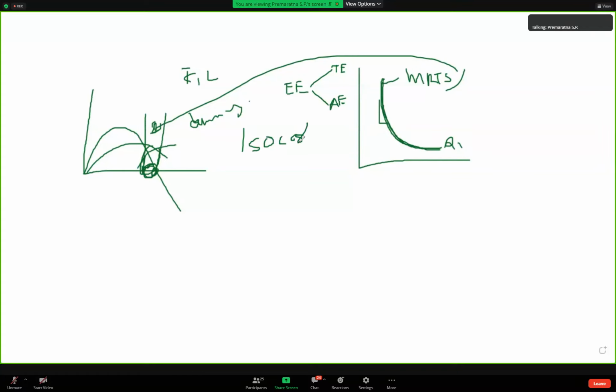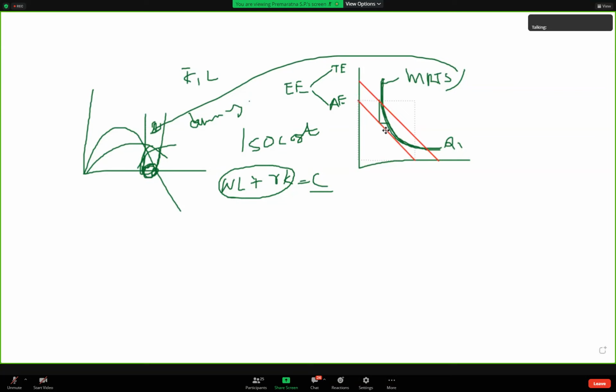The isocost curve is about the budget, the expenditure side, with the labor and the capital cost. Together, we derive the isocost curve here like this.